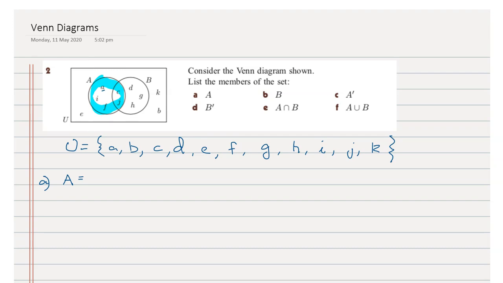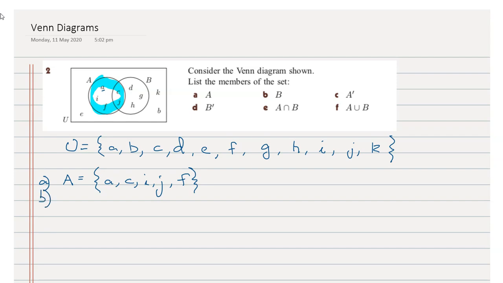And so I could write that as set A is equal to everything inside the circle called A, and that is A, E, C, I, J, so 2, 4, 5, 1, 2, 3, 4. What am I missing? Missing F. So like that. So list the members of the set. For set A, it is A, C, I, J, and F.